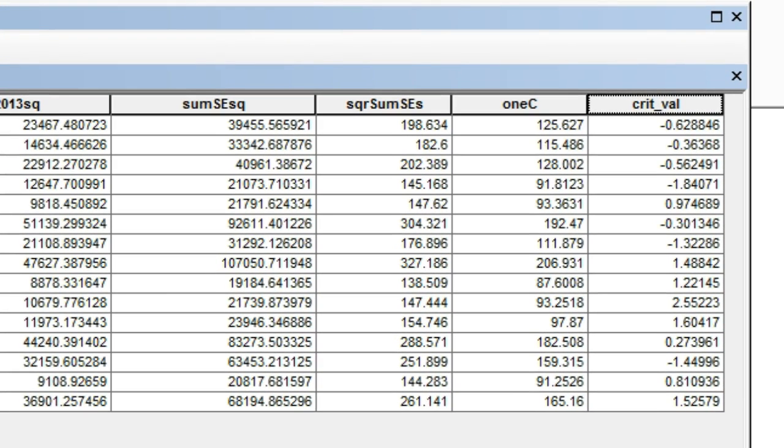What we're interested in when we look at these numbers is the absolute value of them, and in particular whether the absolute value of any of these values exceeds the critical thresholds of interest.